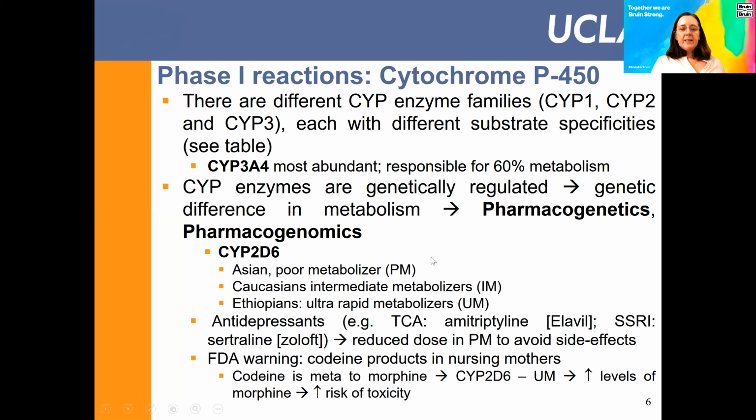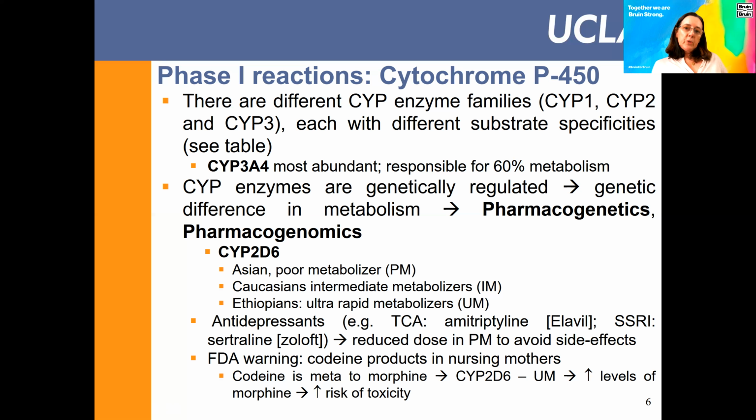What does that mean? That means if you have an Asian patient who's taking a drug, like let's say an antidepressant, because they are poor metabolizers, that means it's going to take longer for the drug to be processed, so it's going to stay longer in the system, and then the effect is going to remain longer.